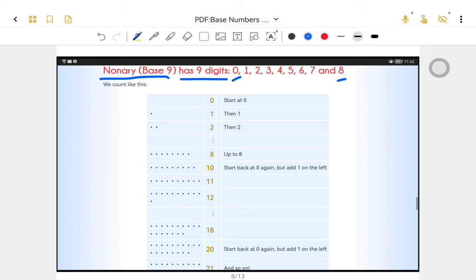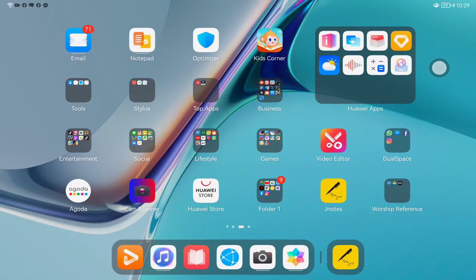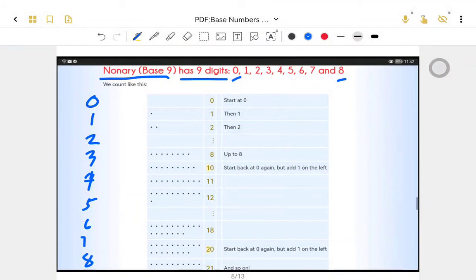Therefore, it's 10. To visualize, we have here 0, 1, 2, 3, 4, 5, 6, 7, 8. So if we finish 8, of course, we will start with 0, but you have 1. Therefore, 10. And then after 10, that is 11. After 11, that is 12.